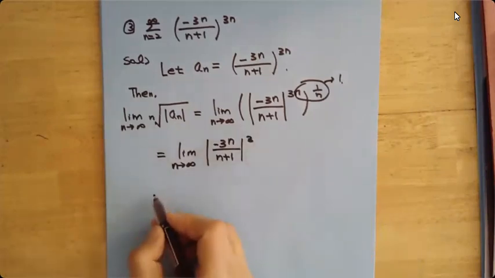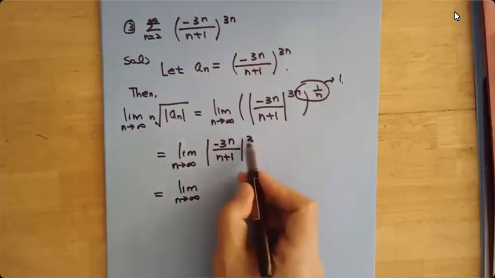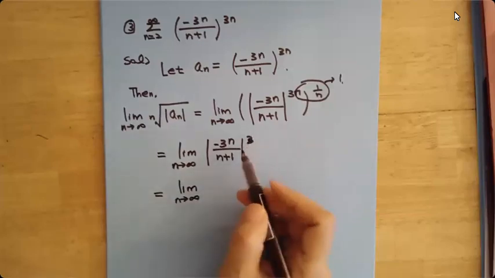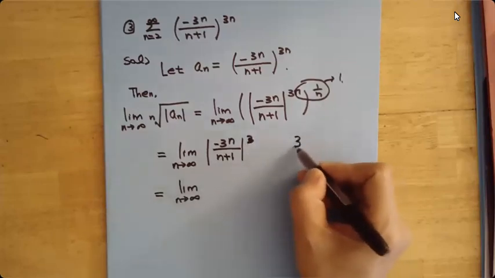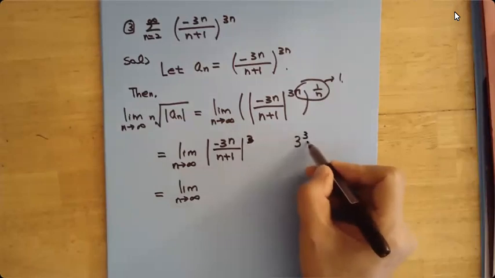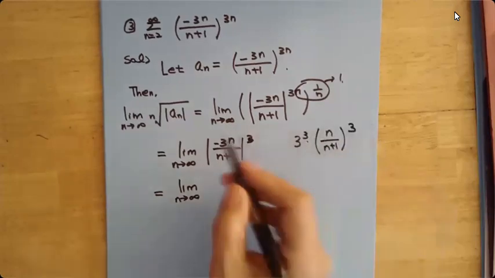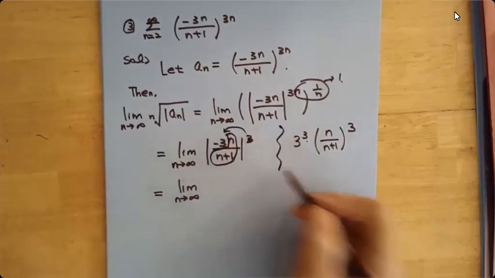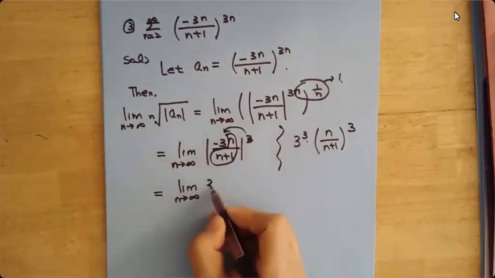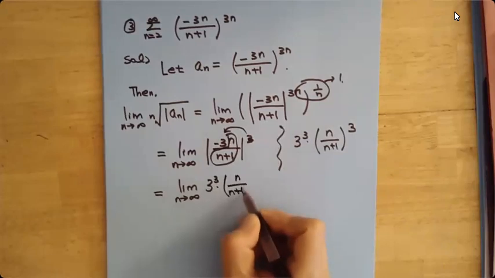So we can forget the absolute value sign by dropping the negative sign in front of 3, and this is cubed. And so this one can be written as 3 cubed times (n over n plus 1) cubed.